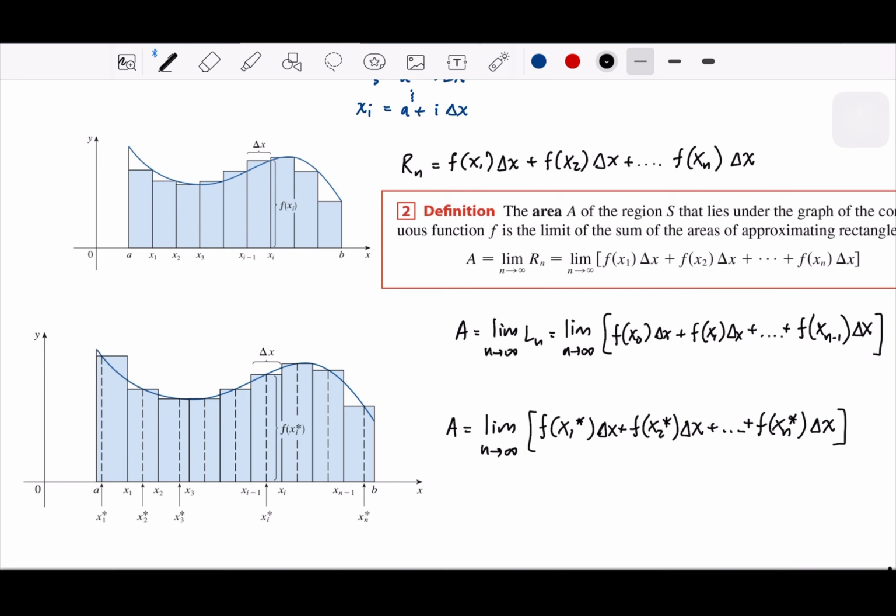So the area is the limit as n goes to infinity of the sum from i equal 1 to n of f of the x i sample point times delta x.